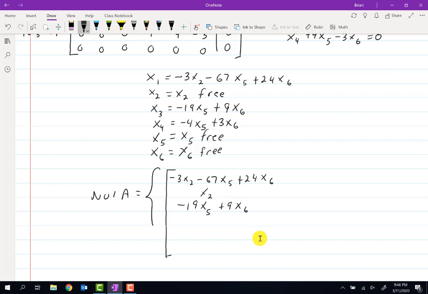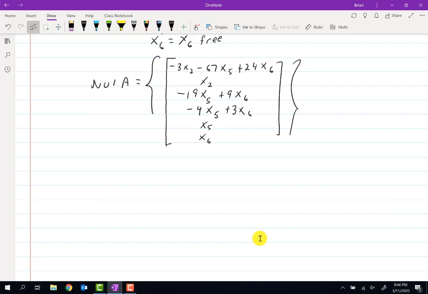Then we have x4 was negative 4x5 plus 3x6. Then x5 and x6 were free. I'll leave this as an exercise to you to show that it equals this span, although I have done it several times.